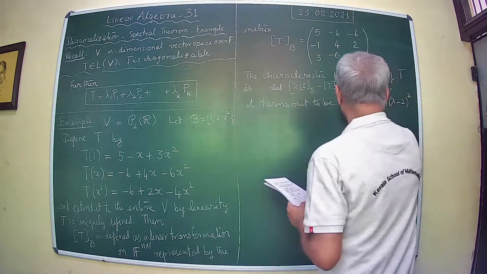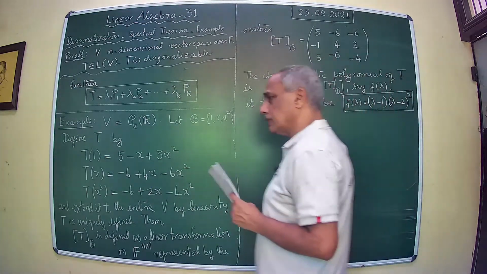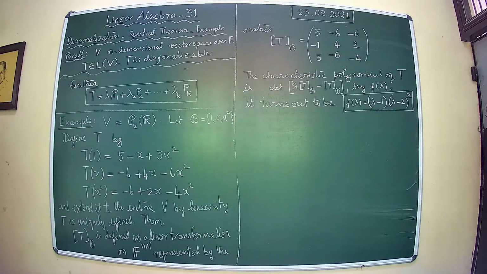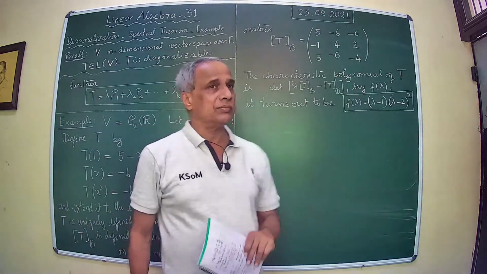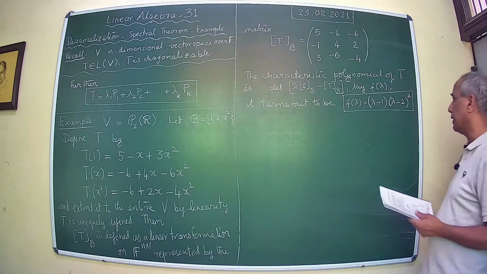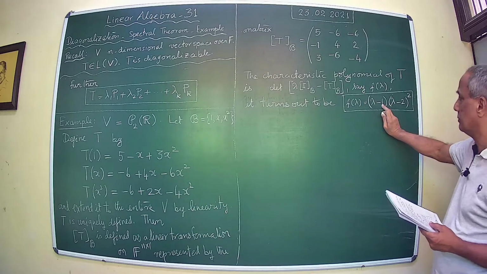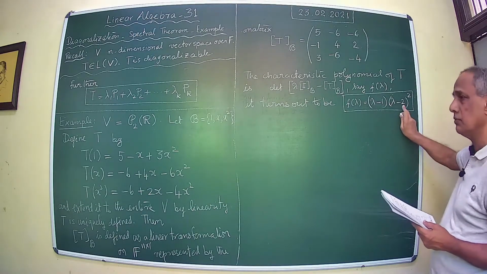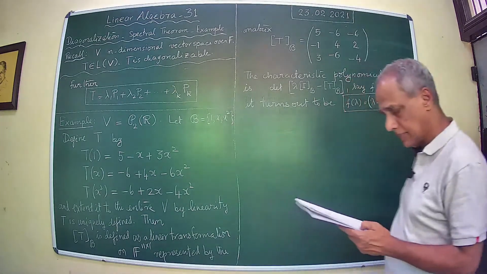So this is the characteristic polynomial. It splits up into linear factors, and 1 is an eigenvalue with multiplicity 1, or the algebraic multiplicity of 1 is 1, and the algebraic multiplicity of 2 is 2. Okay, so that we will keep in our mind.